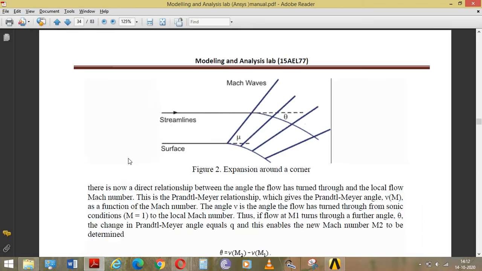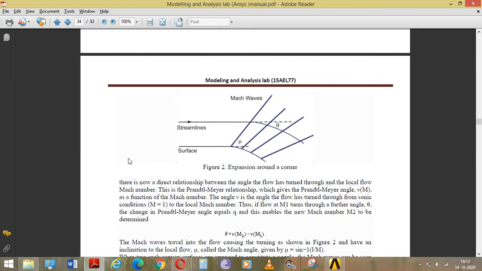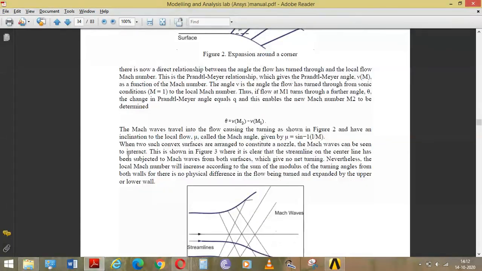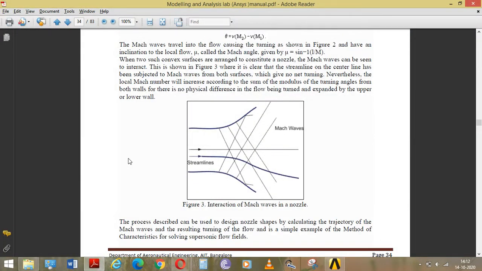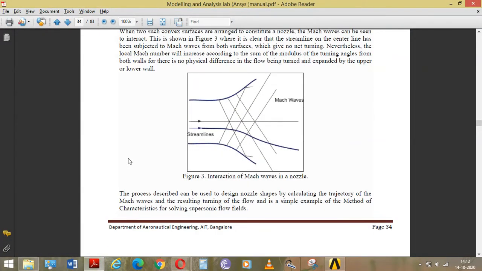This is a natural phenomenon. You can see again, supersonic flow through a diverging passage: the Mach number further increases, and the flow expands.